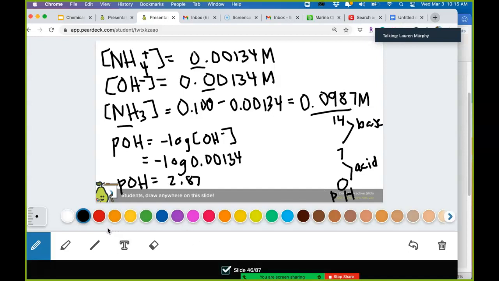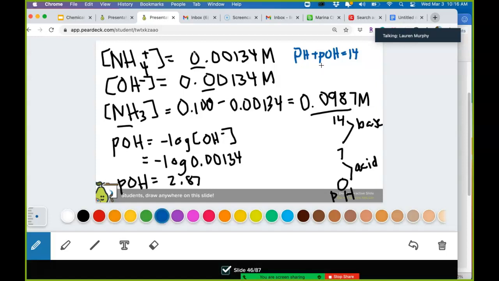Well, there's a lot more equations you will learn, but there's one more that you can do to convert pOH to pH, because we are very used to the pH scale and not the pOH scale. And it looks like this. pH and pOH will add up to 14. So if you know one of them, you can subtract it from 14 to find the other.